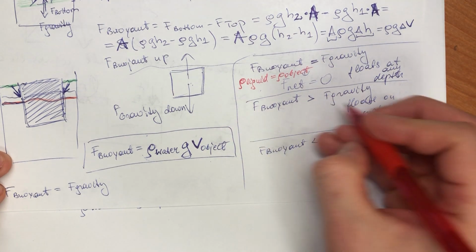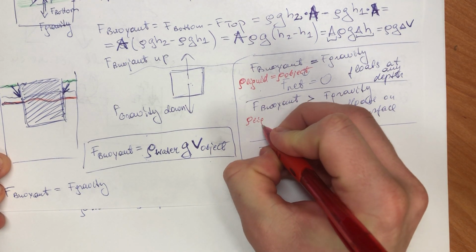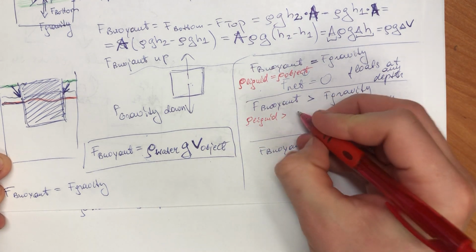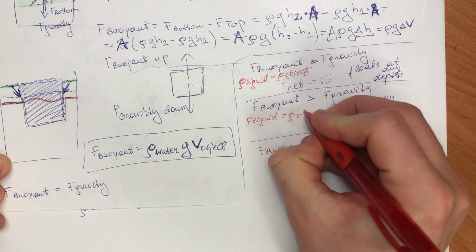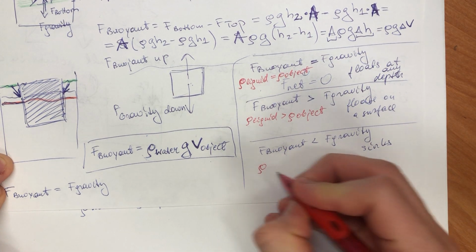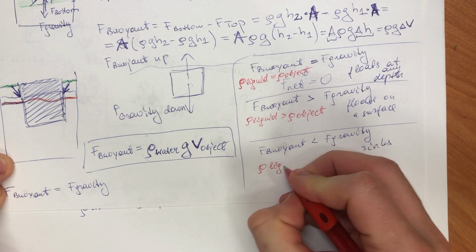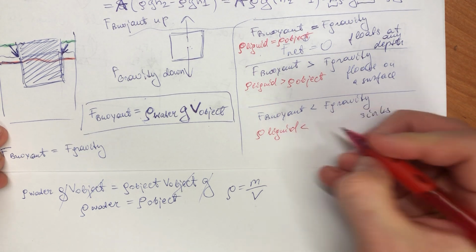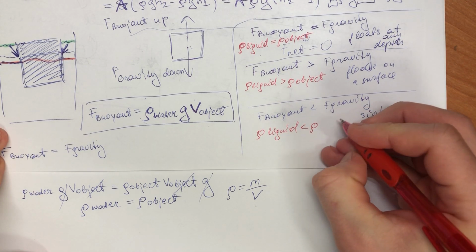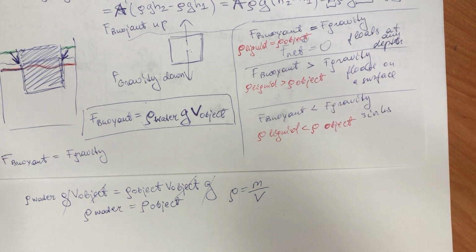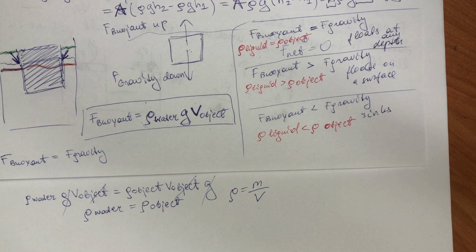Here we can write that the density of liquid has to be higher than the density of the object, and here the density of liquid is lower than the density of the object. So then it sinks.